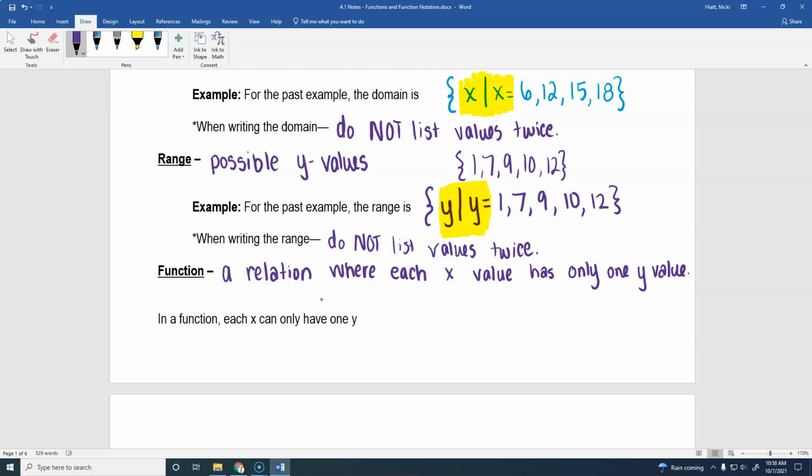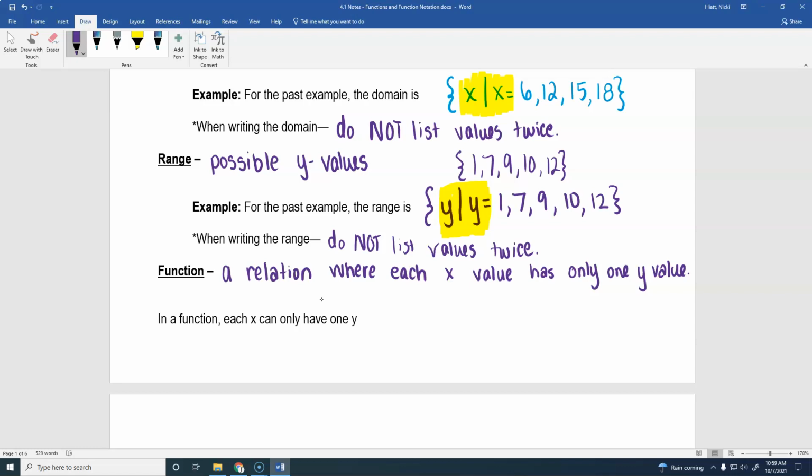Okay? Now, it was possible that, let's say that my rule was x squared. I did do that rule, right? So if my rule was x squared, and you tell me -1, what would I give you as my y value? So my rule is x squared.